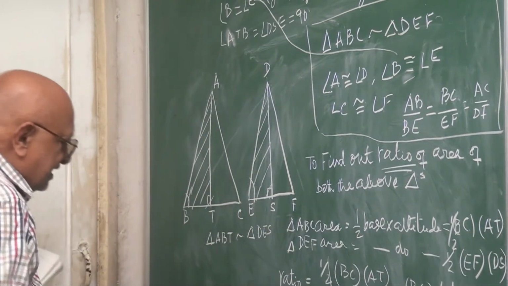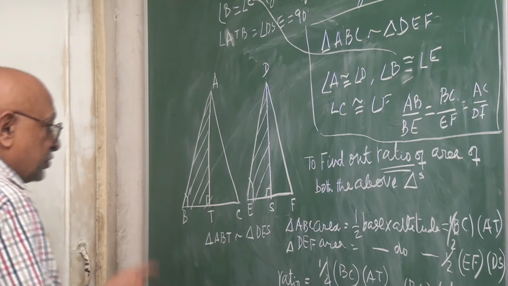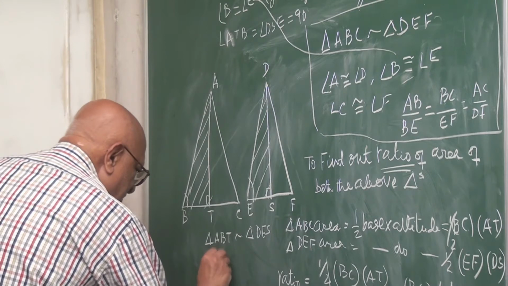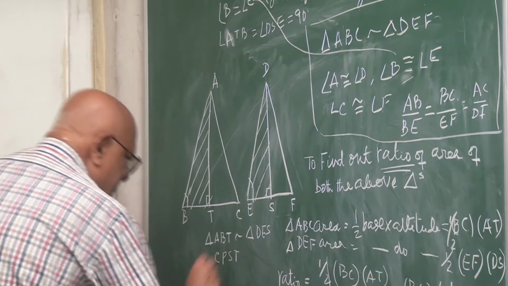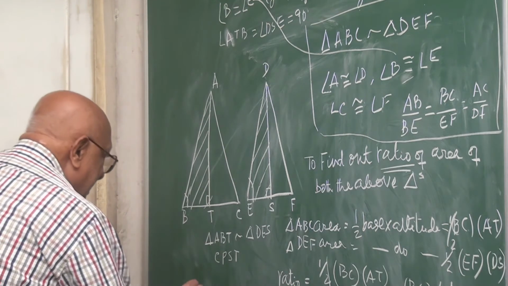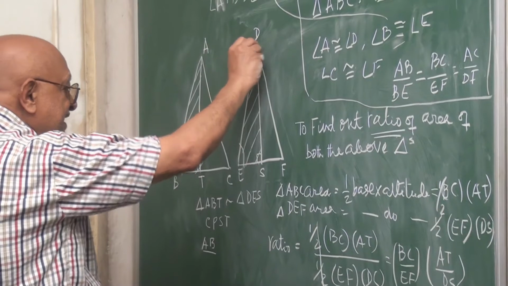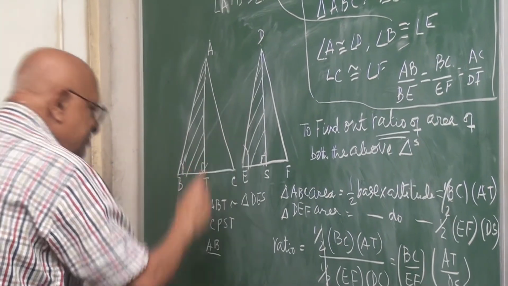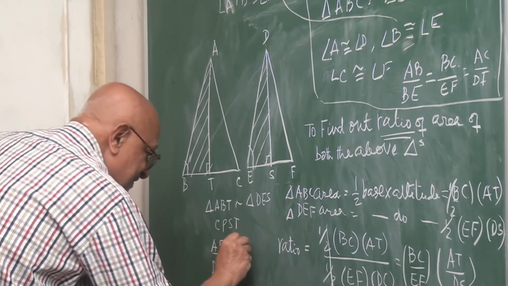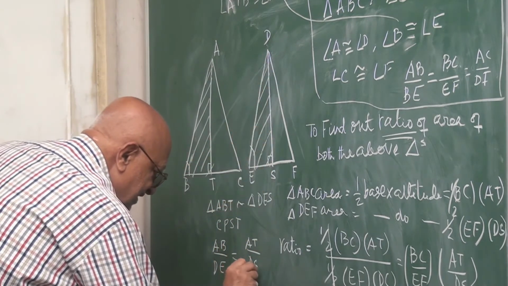This is agreed? So what I can say, use corresponding parts of similar triangles. If I do that, then I can write AB by DE. AB, so the corresponding part is this, so this would be DE. I started with AT by DS, AT by DS.